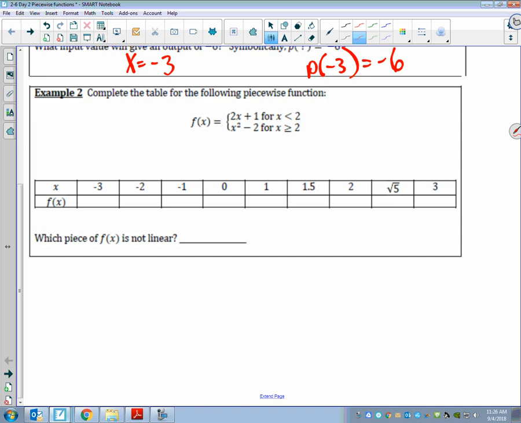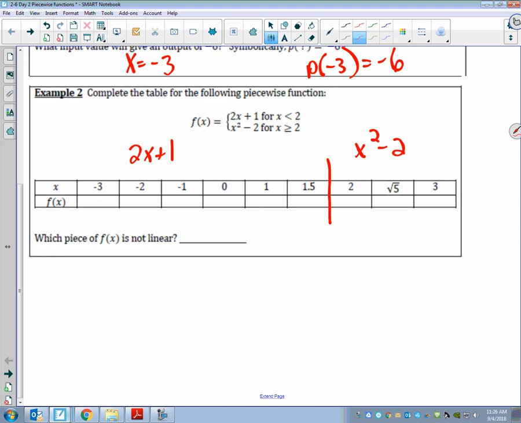Think about the 2 as the dividing line here, right? I'm going to put a line on my paper here. For everything less than 2, which piece am I going to be using? Well, I'm going to be using the 2x plus 1. And for everything 2 or greater, I'm going to be using x squared minus 2. And then f of x, those are just my y values.